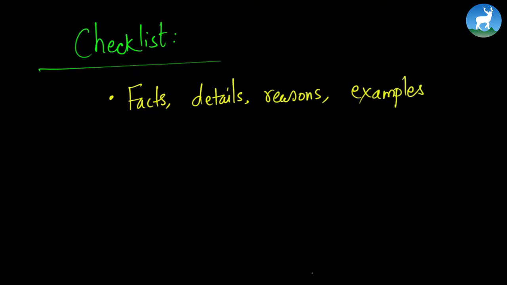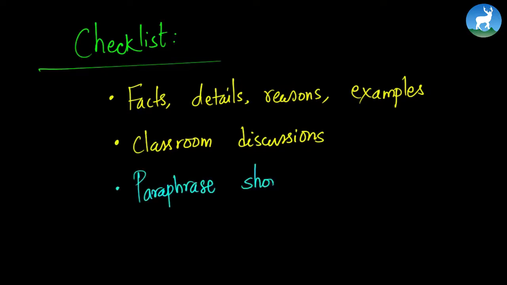You can also include classroom discussion. You can follow the interview method, going on asking questions to other people, and you can include that. Or you can paraphrase short quotations. You know what quotations are? Quotations are all over the internet. Internet is plagued by quotations. Paraphrase them. Don't just copy paste.